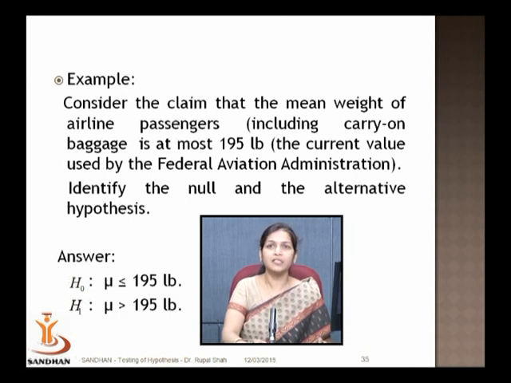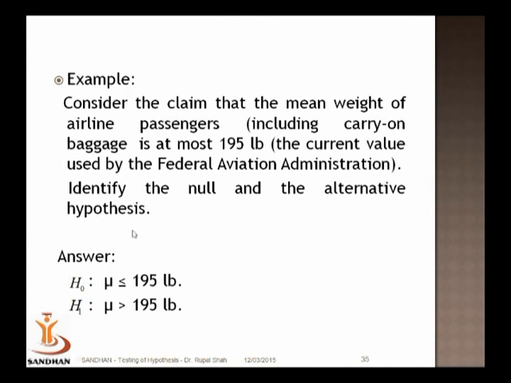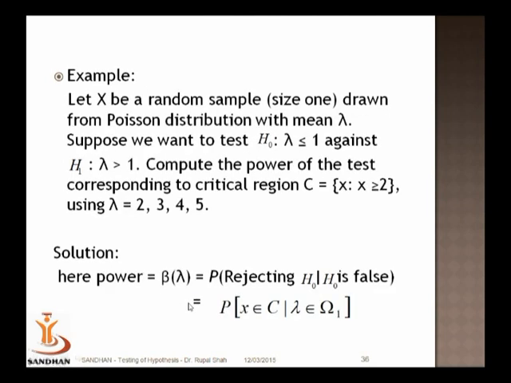So that means here the test is one-sided. Your null would be framed as mu less than or equal to 195, this is the desired thing, that the passenger should have weight less than or equal to 195 pounds including the baggage, whereas what you do not prefer is that he should carry a weight of more than 195. So this is called a one-sided hypothesis. Both of these are called one-sided hypotheses.